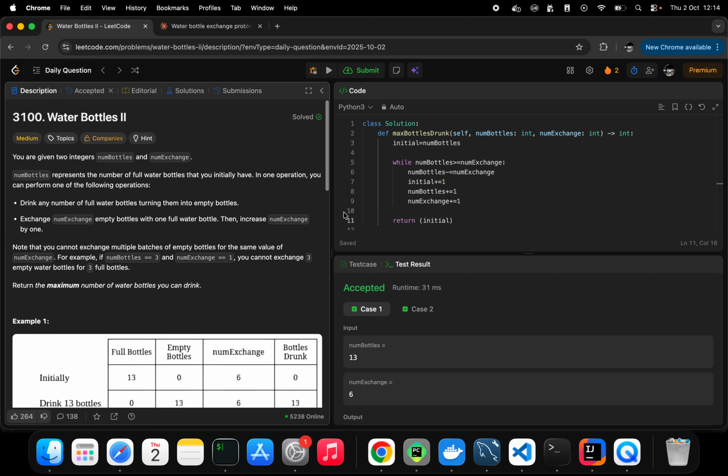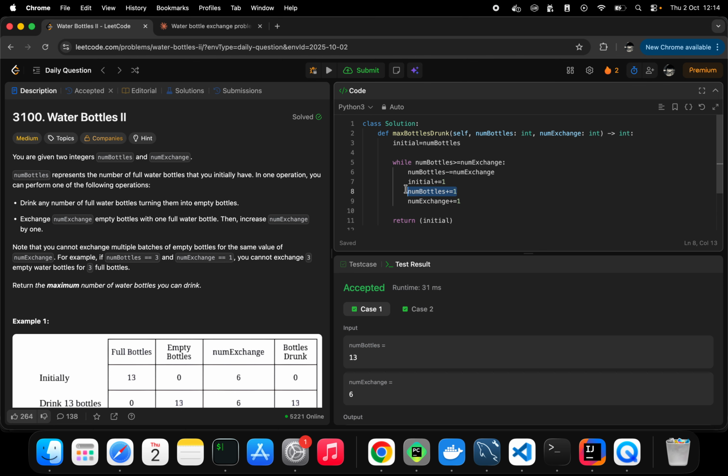Okay. So just to give you a brief of the code here, we are looping while numBottles is greater than or equal to the number of bottles we can exchange. We set the initial value to numBottles, and since we can only exchange the number of bottles in numExchange, we cannot exchange multiples of that number, so that's why we are subtracting it from numBottles, and we are increasing the initial value by 1.